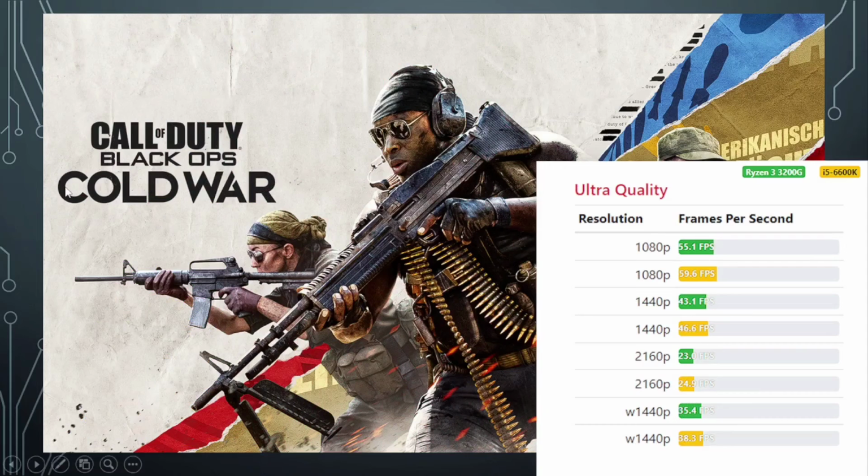Next game is Call of Duty Black Ops Cold War, still with ultra quality game graphics and different resolutions. We can see that Ryzen 3 has a lower FPS compared to Core i5. So generally in this game, the Ryzen 3 3200G is overpowered by the Core i5.